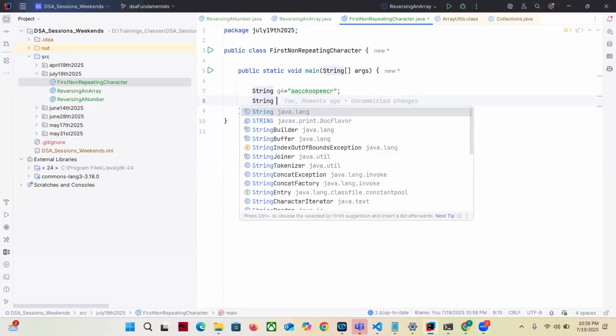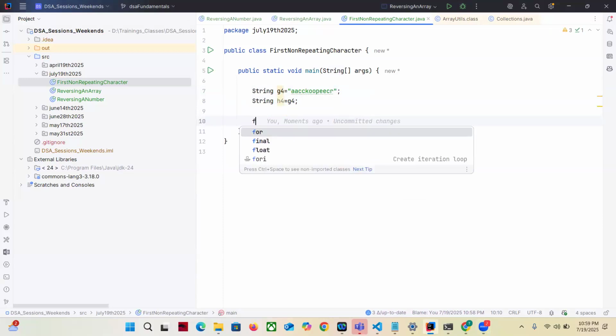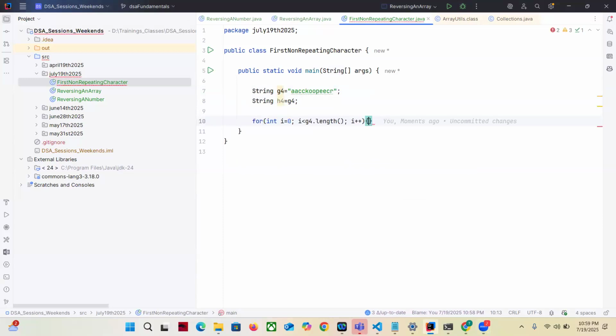Now I'll say I have one more string called h4, which is equal to g4. So what do I have to do next? The first character at g4. Then I have to write one more loop, right? Two loops will be there.